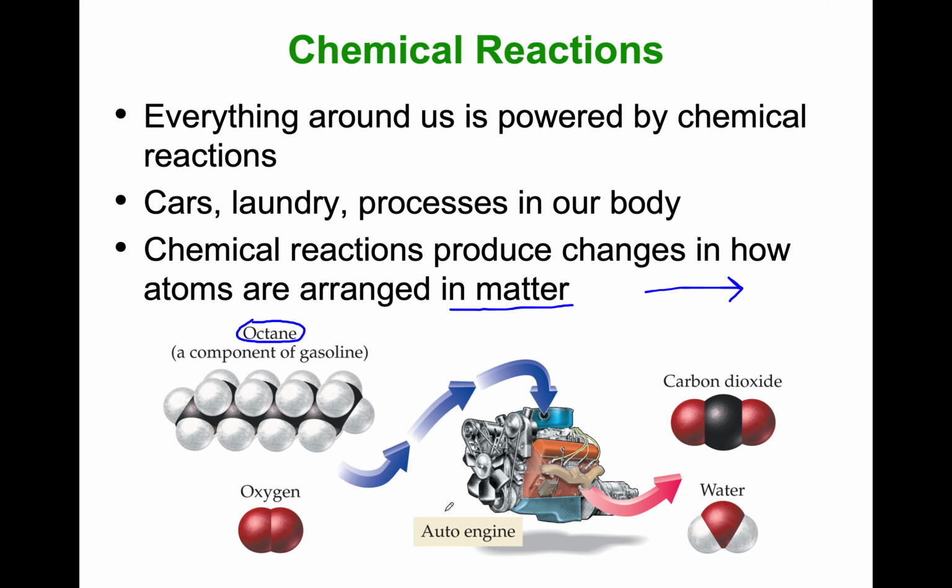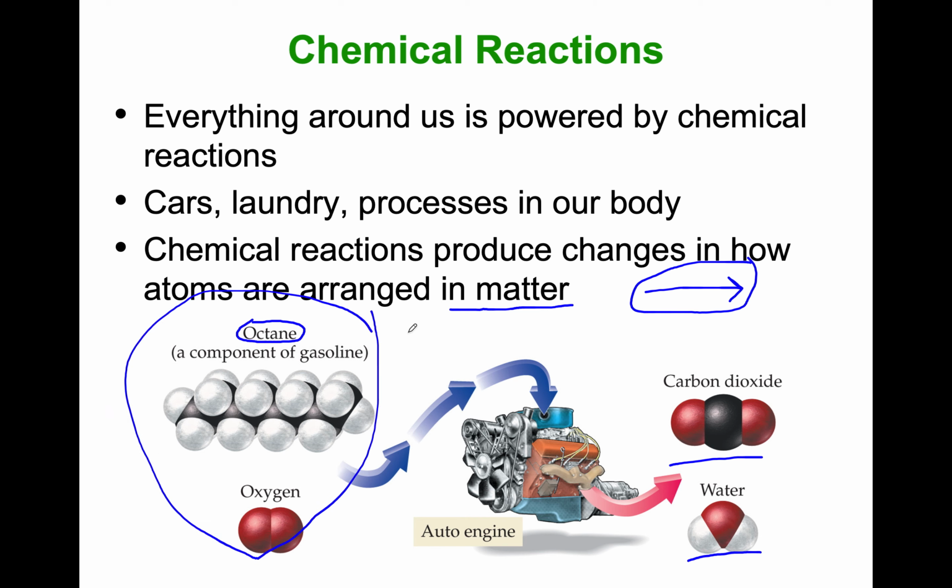It reacts with oxygen and forms carbon dioxide and water. So again, a single arrow. These are reacting, and what ends up are our products here. That's what's happening, and that's what we're going to work on. What are reactants? What are products? And what do we do with these to represent them?